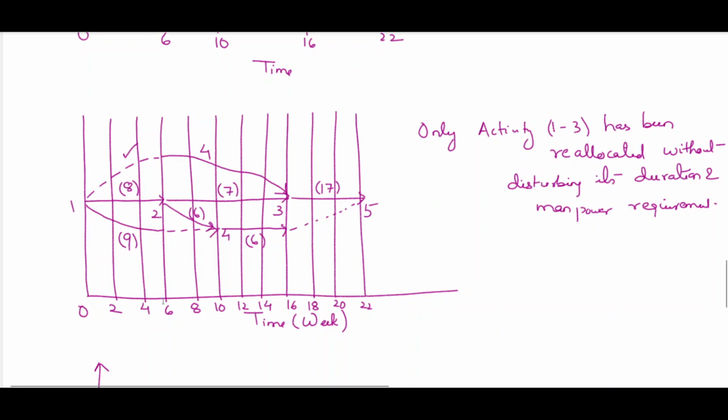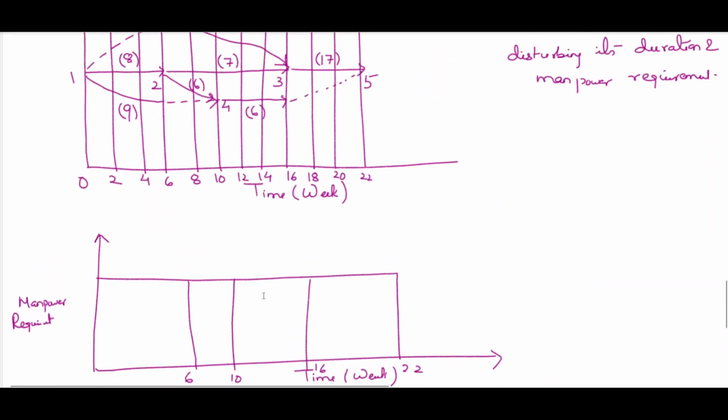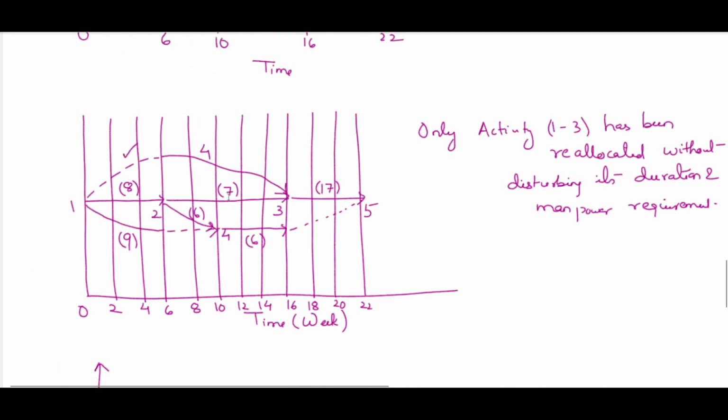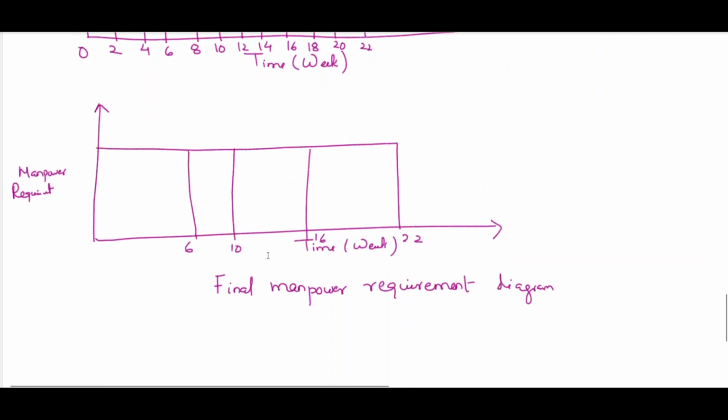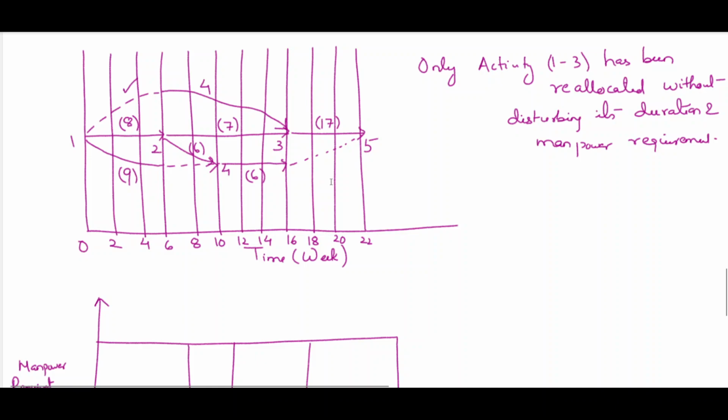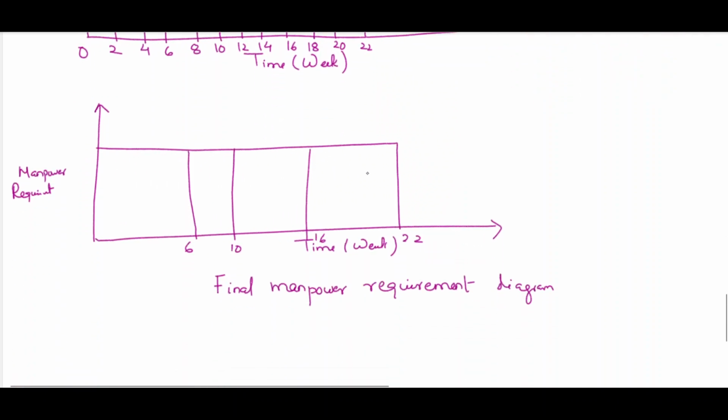From 6 to 10, you can see it is 6 plus 7 plus 4, it is 17. Then from 10 to 16, it is 4 plus 7 plus 6, it is 17. Then the last one is also 17. So it is all 17 now, we have leveled it. That's why this is a problem of resource leveling.